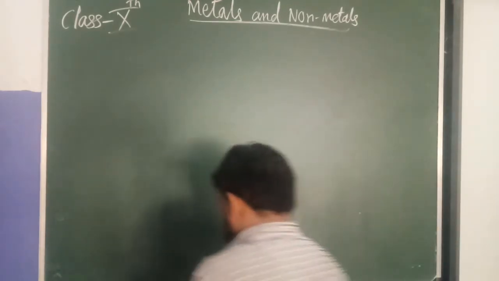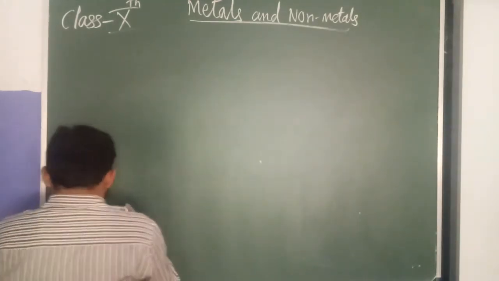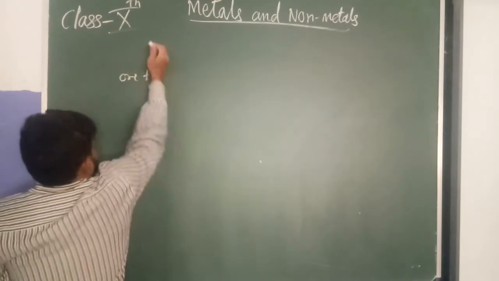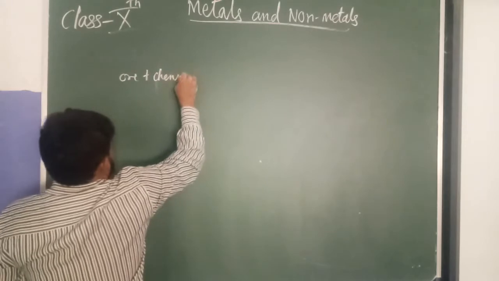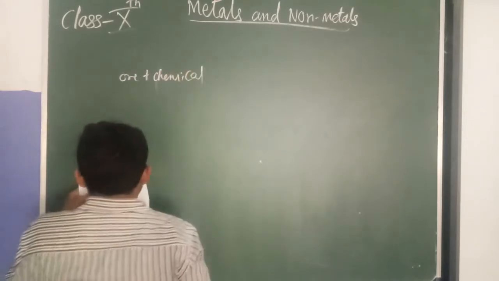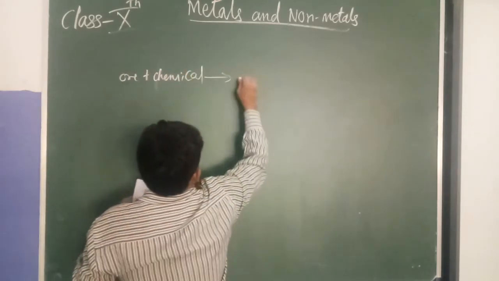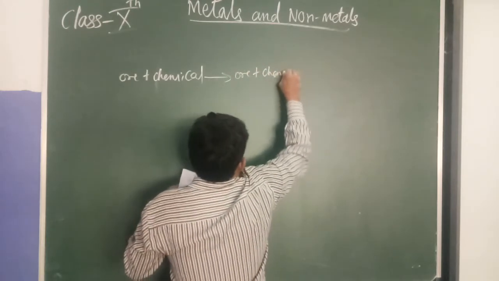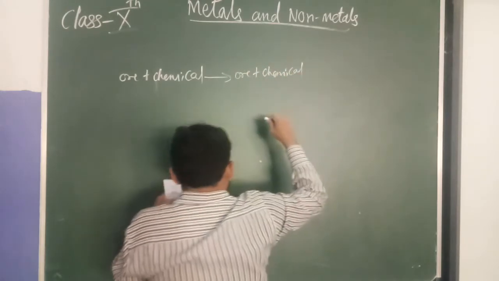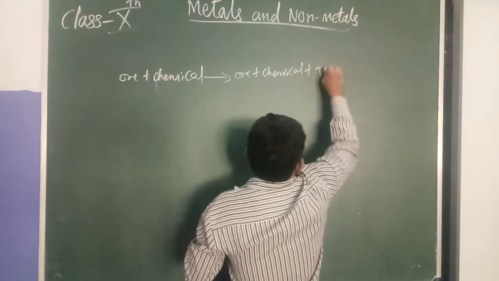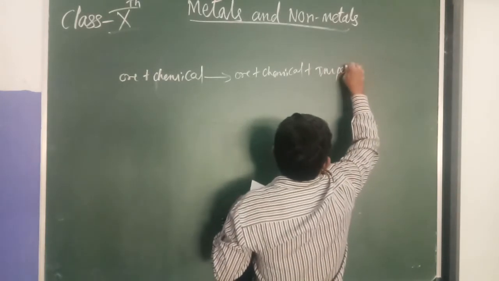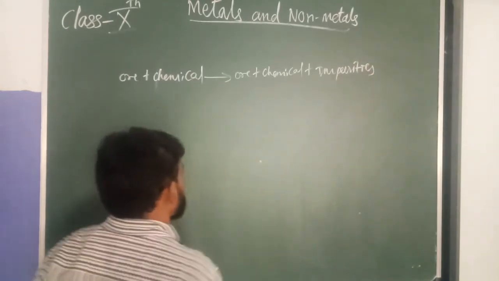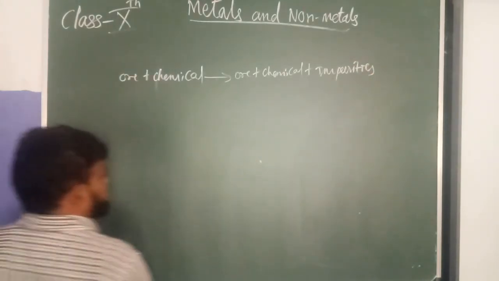Now, in Bayer's process, ore plus chemical, what does it form? If we add the chemical here, it will give ore plus chemical, plus impurities.